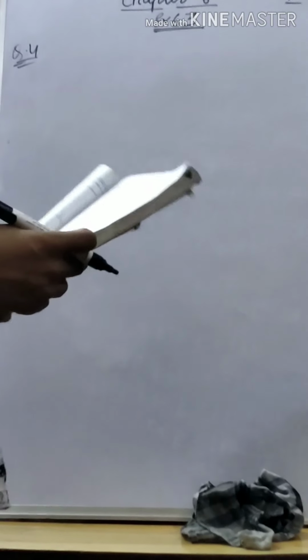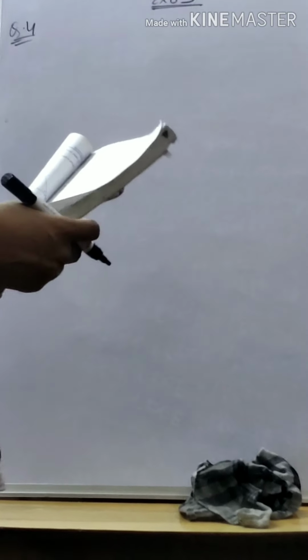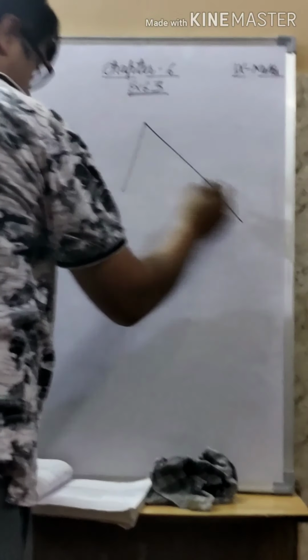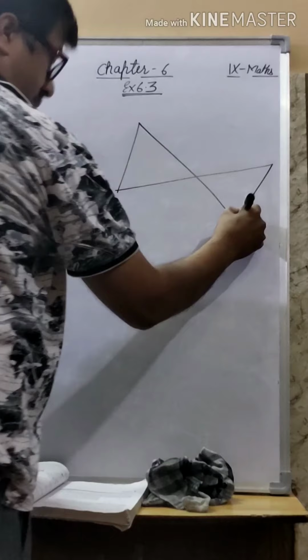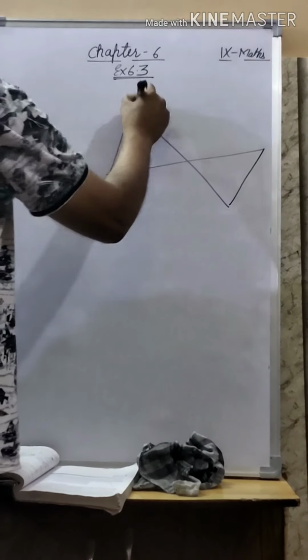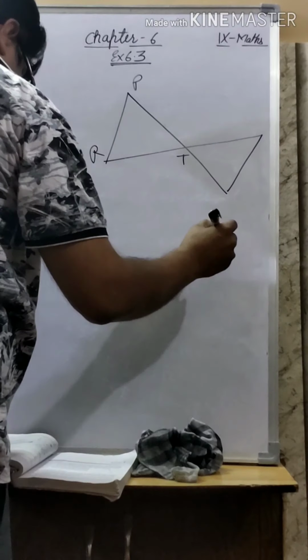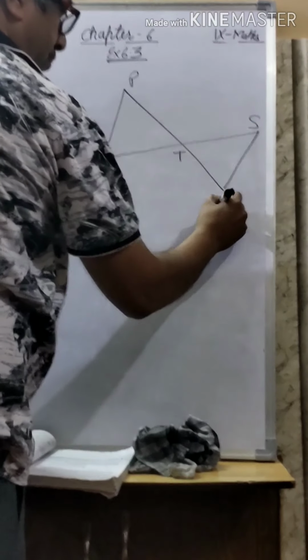If lines PQ and RS intersect at a point T such that angle PRT is 40 degrees, angle RPT is 95 degrees, and angle TSQ is 75 degrees, find angle SQT. You see my dear friends, you see the figure. In this figure, this is PRT and this is SQ.